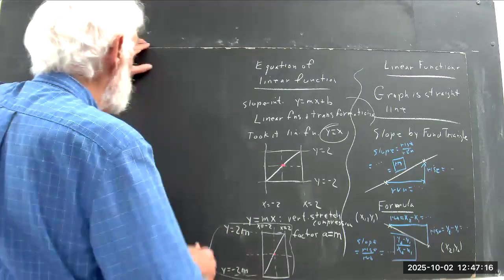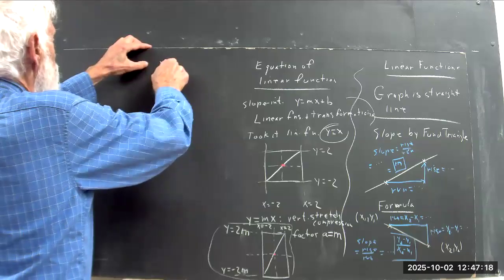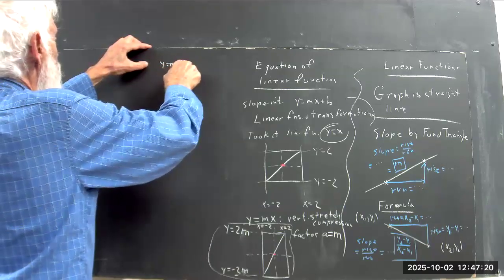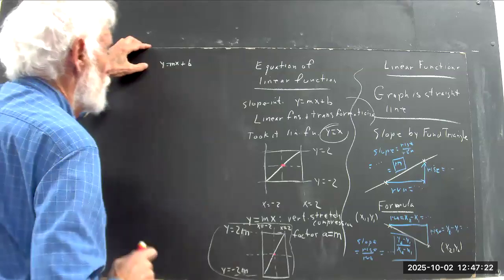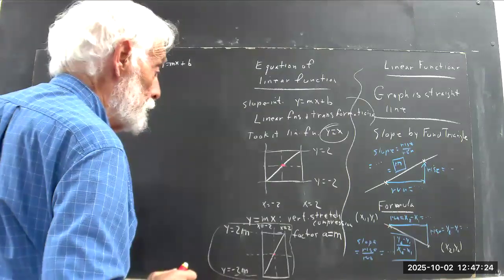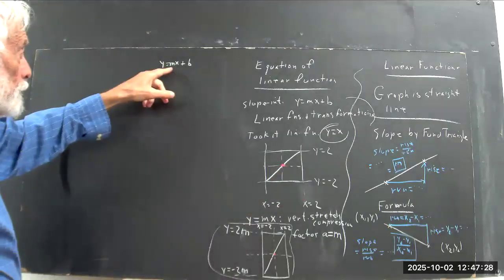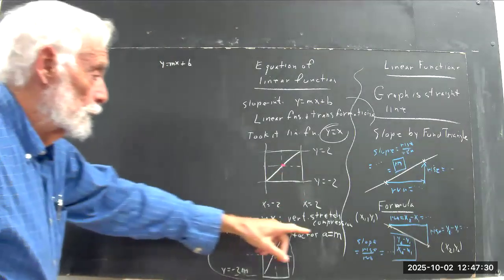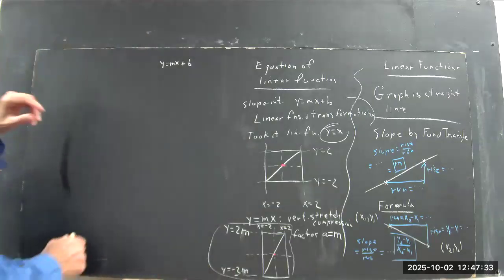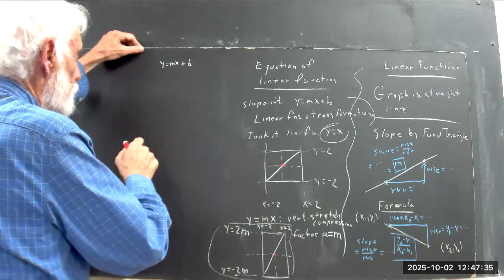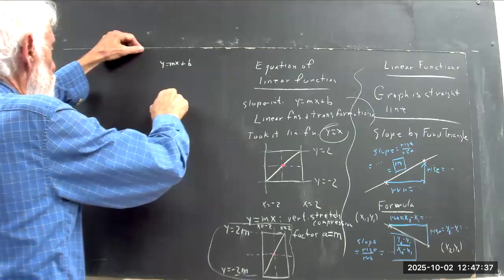Then I'll draw this a little bigger. Y equals mx plus b. Well, you're starting with y equals x. First thing you do is you multiply it by m to get y equals mx.